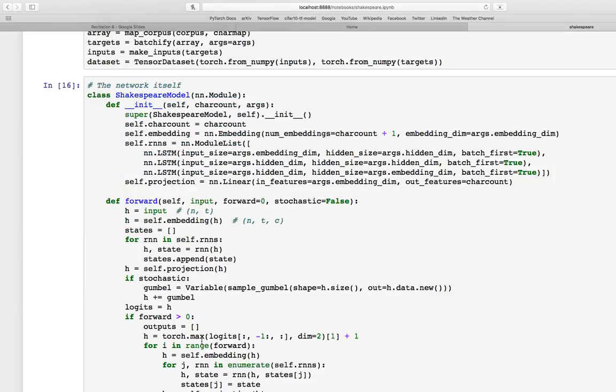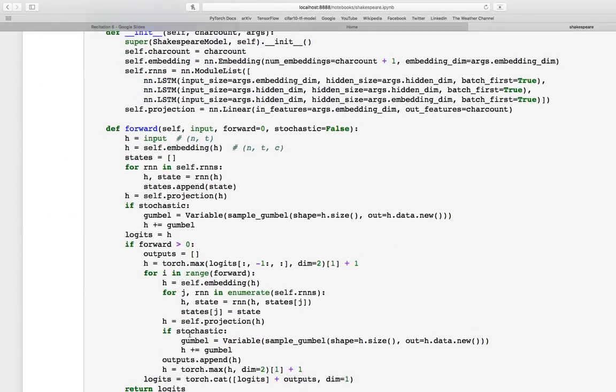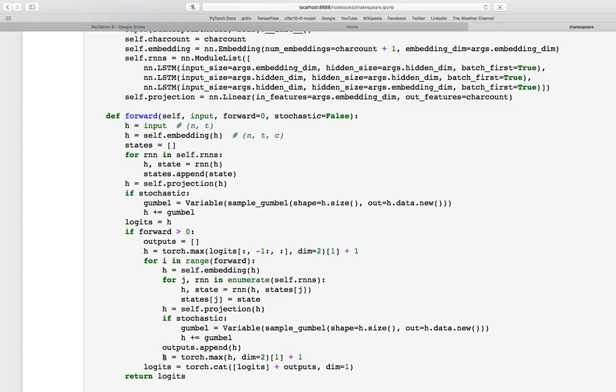When we output a distribution, the way that we sample from it is we actually add noise from the Gumbel distribution and take the argmax. This ends up being analogous to actually generating a categorical distribution and then just sampling from that. So we do that here.